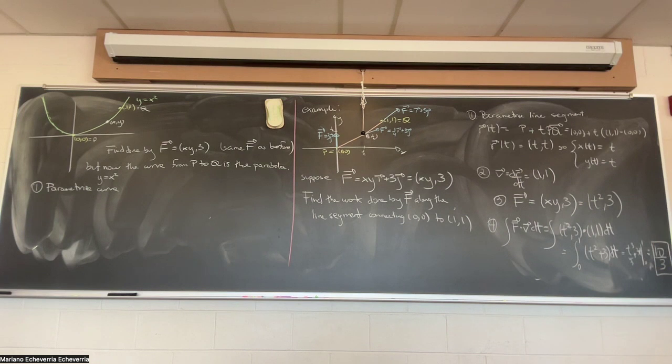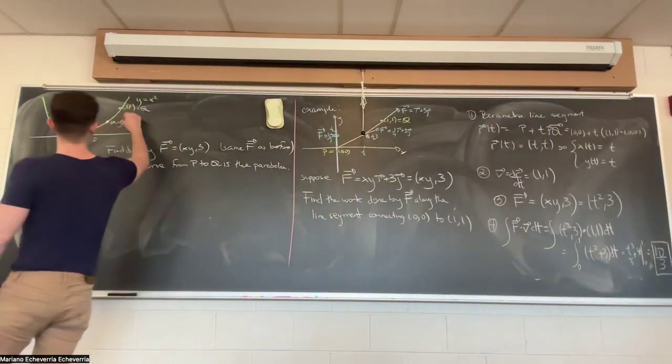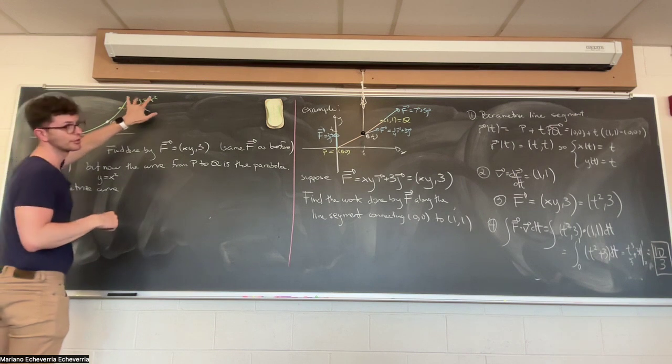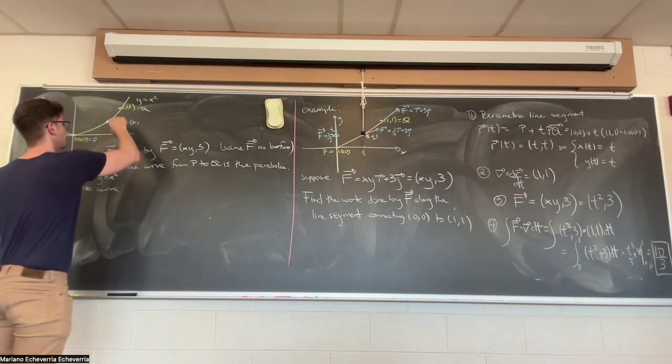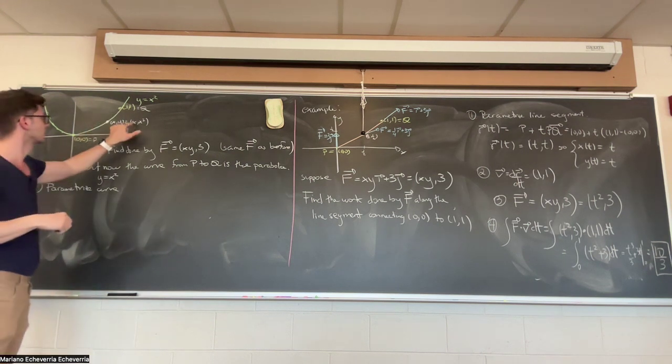So if you are along the parabola, you can say that y equals x squared, right? So this can be replaced as x comma x squared. And so along the parabola, everything, at any point, is really determined by x.